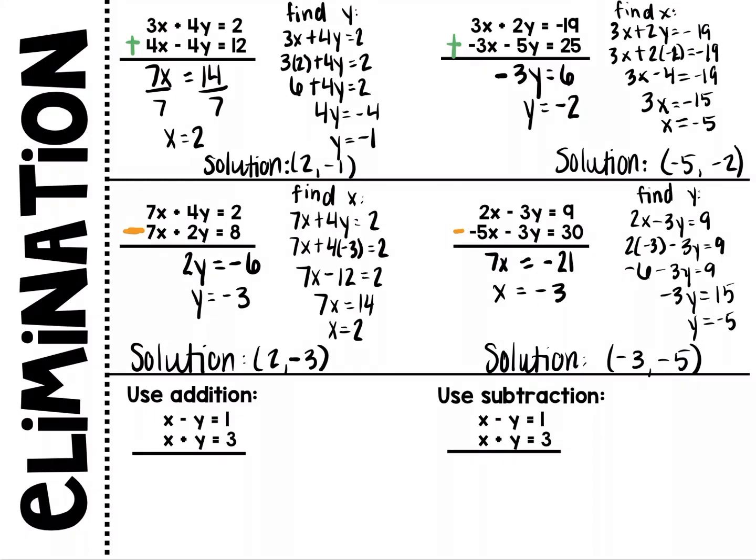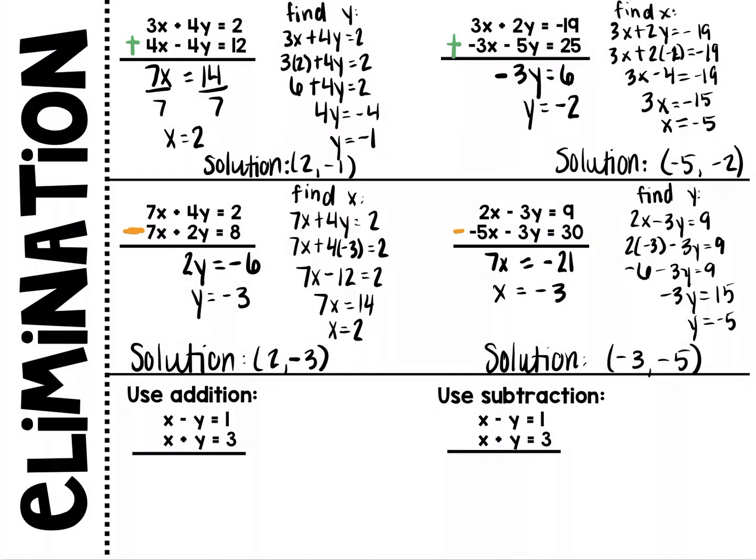It's the same system. And whichever way we do it, it's going to end up the same. Here I have positive x's, and then here I have opposite signs. So when I have the same sign, I would subtract, but when I have the opposite sign, I add. So either way you do it, you're going to end up with the same answer.